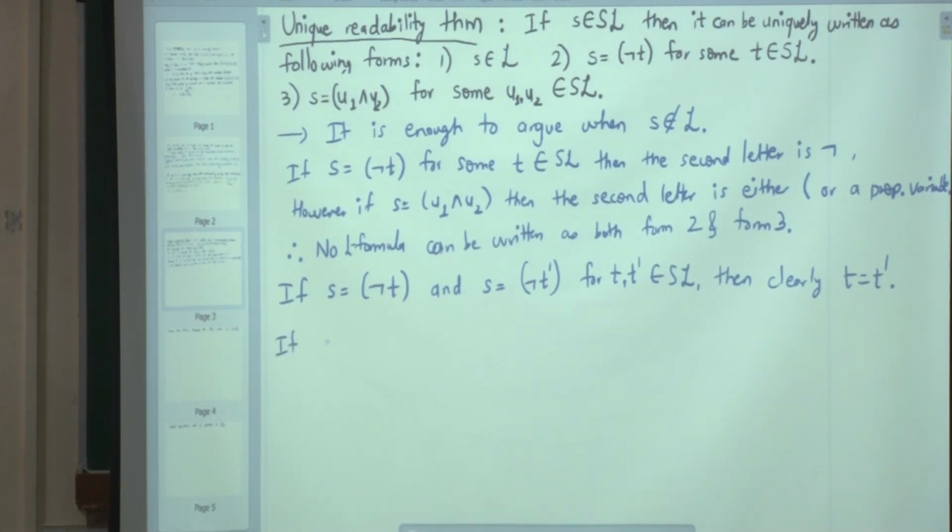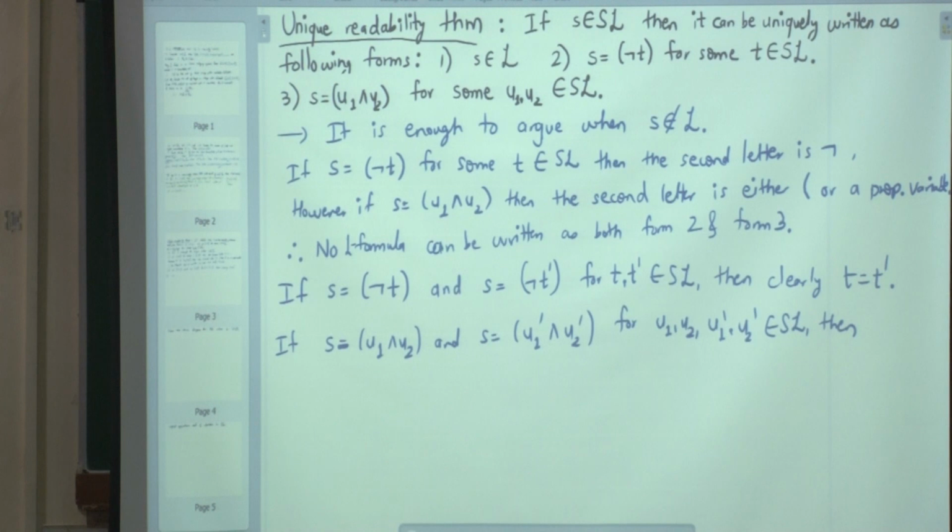However, we need to do some work. If S is equal to U1 conjunction U2 and S is equal to U1 dash conjunction U2 dash, for U1, U2, U1 dash, U2 dash in SL, then we have to do some work.